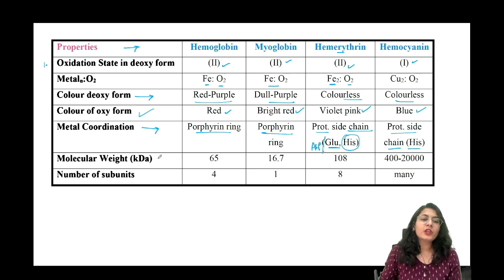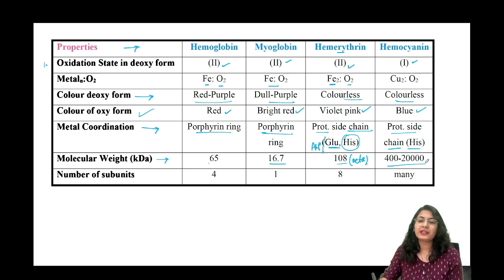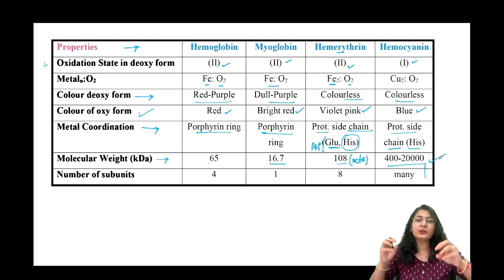ठीक है. Molecular weight कितना होता है? 65,000 units. 16.7. This is 108 because this exists as an octamer. That's why so much. And hemocyanin शायद और भी ज़्यादा, मतलब collect होके रहता है. I don't know how many, but looking from the molecular weight, it looks like a lot of small units are setting themselves together to make a bigger unit.